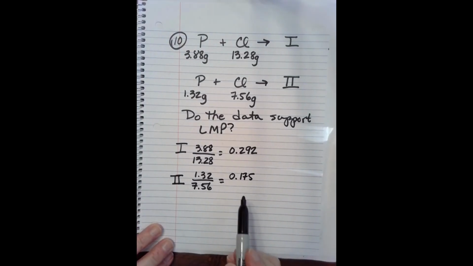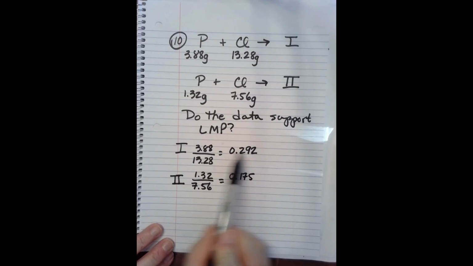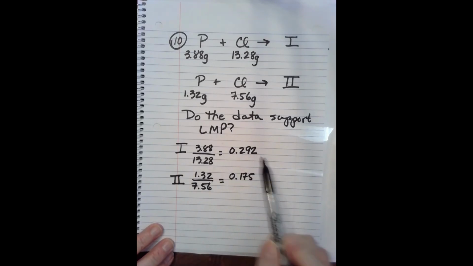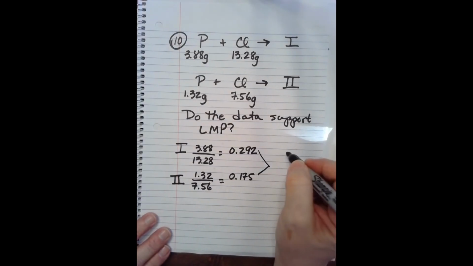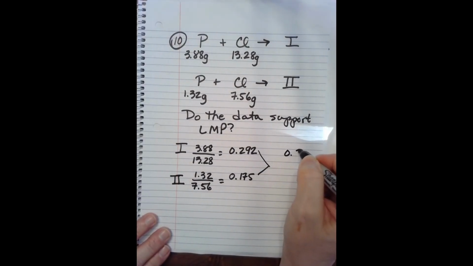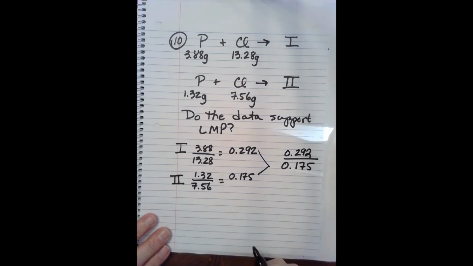All right, so now all we've done is get a ratio for each compound to a fixed mass. Now we need to compare these numbers. We're just going to take these two numbers now and go 0.292 divided by 0.175.